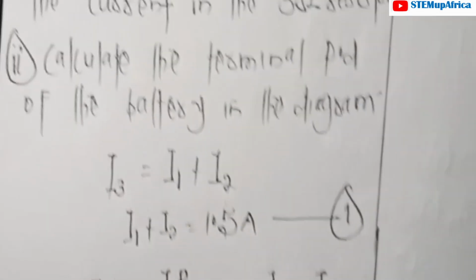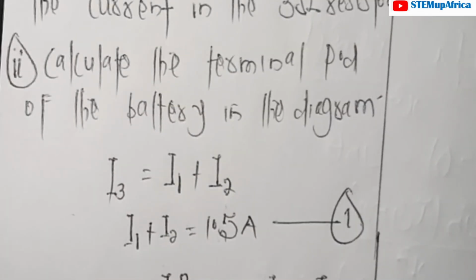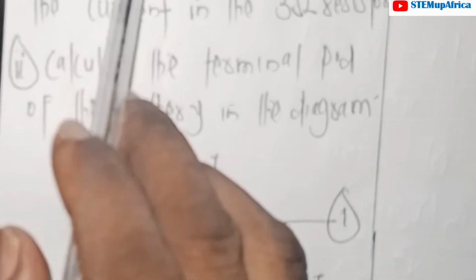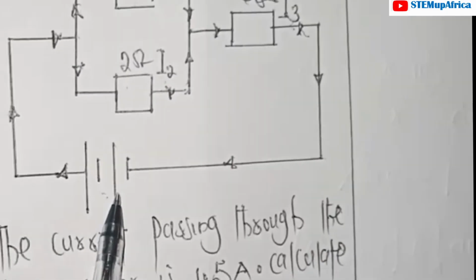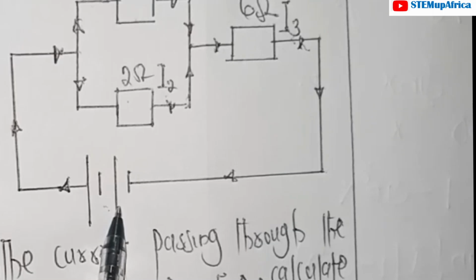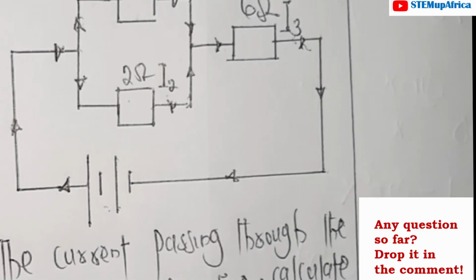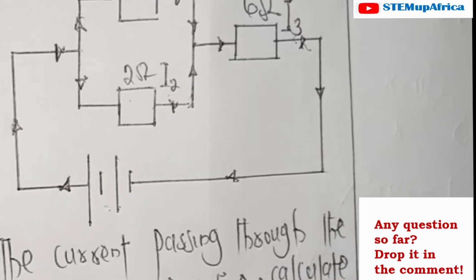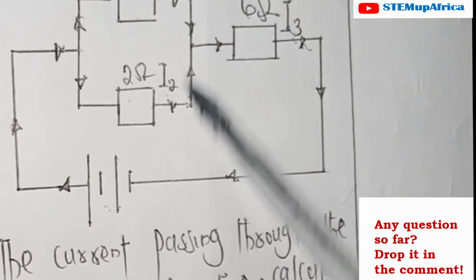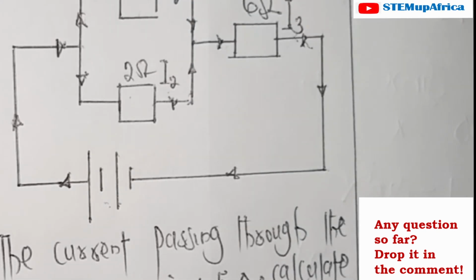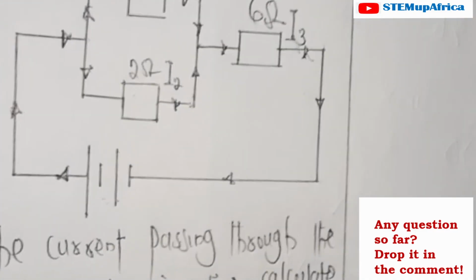Roman figure 2, we are asked to calculate the terminal voltage of the battery in the diagram, which is the source of our current, or the EMF. To do so, I need to get the value of the total resistance in the circuit. The total current now, as we know, is 1.5. These two resistors are connected in parallel. So what is the total resistance in parallel?